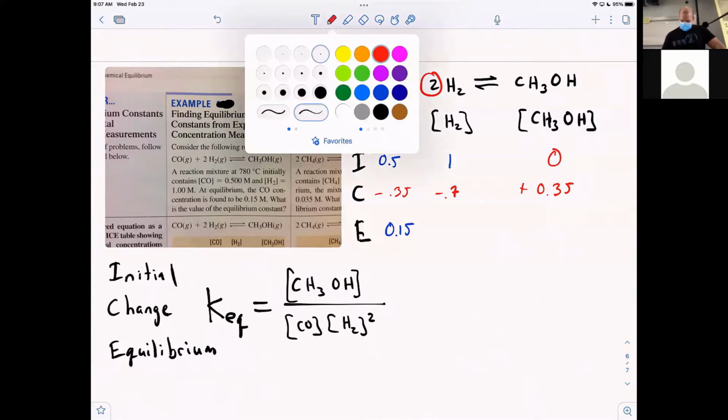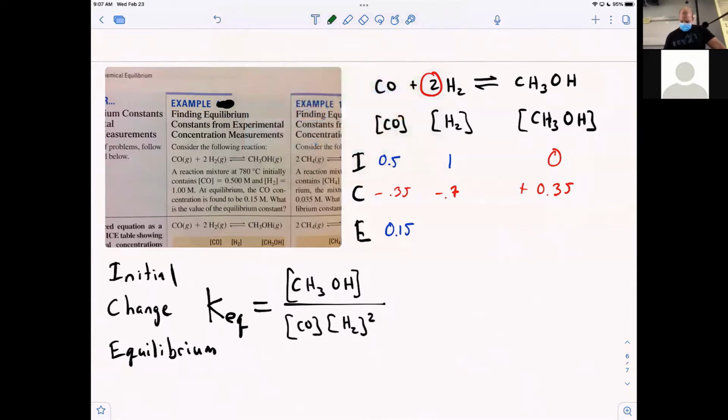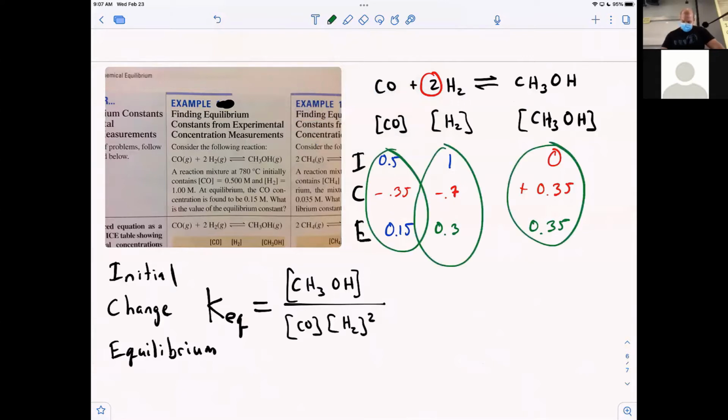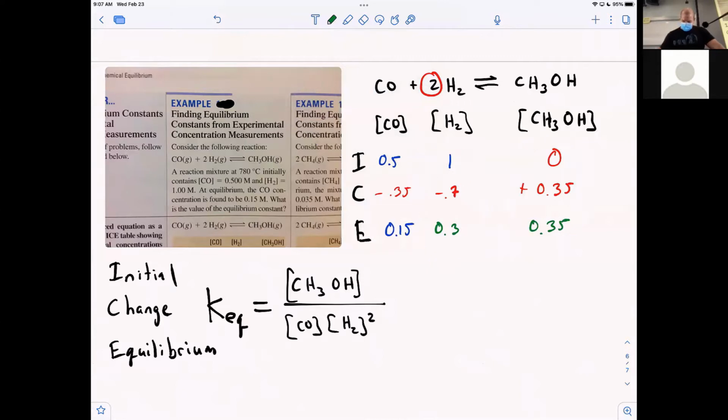I'm going to change colors so this is inferred. Then hydrogen is 0.3, methanol is 0.35, because we're just adding these lines together. So I is initial, C is change, E is equilibrium.